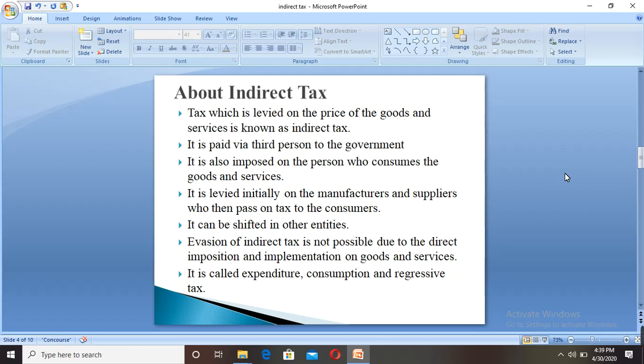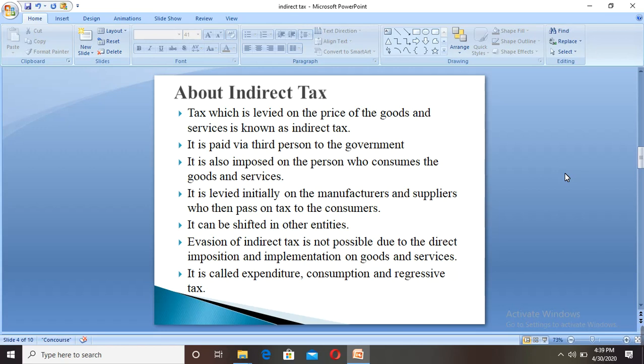Indirect tax is a tax which is levied on the price of goods and services. Moreover, indirect tax is levied on the person who consumes the goods and services. It is paid via third persons to the government. In direct tax, taxpayers pay tax to the government directly, and direct tax is a tax which is levied on the income and property of the taxpayers.